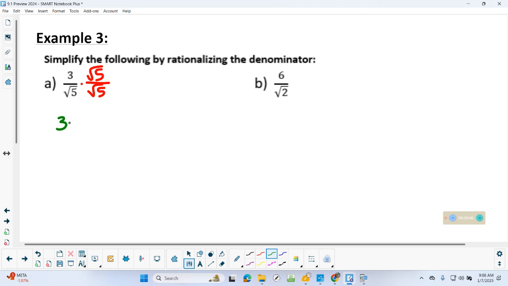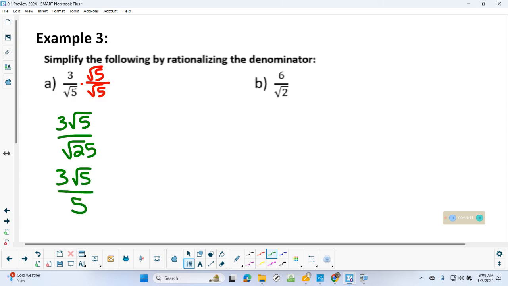So I'm really just writing it down. Now, because both the 5s in the bottom are underneath radicals, you can multiply those together. 5 and 5, 25. Some of you might even skip this step because you can mental math it, because you know the square root of 25 is just going to turn out to be what? 5. So some of you might skip that step and just go straight to this.